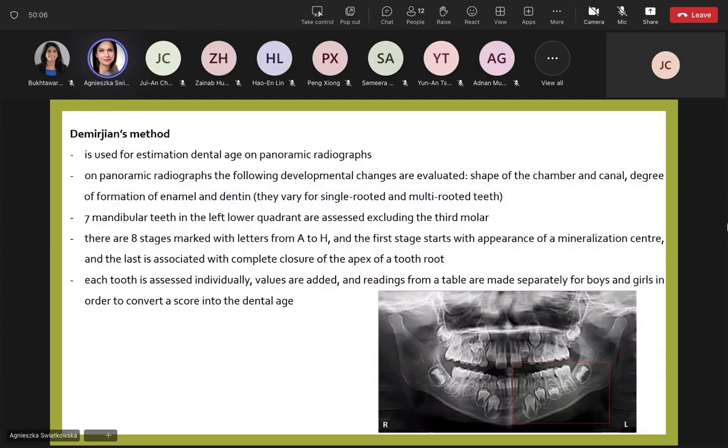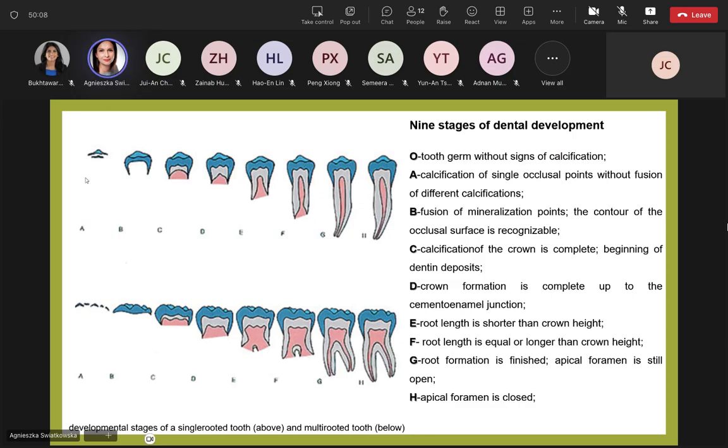Okay, and now you see all the stages. You should know how each stage looks, and we have developmental stages for single-rooted tooth and multi-rooted tooth. Here, stage A, calcification of single occlusal points without fusion of different calcification.